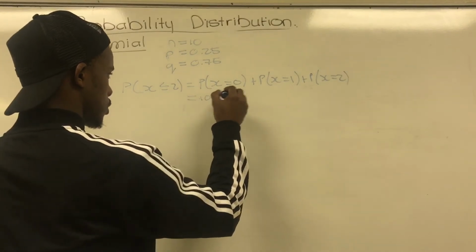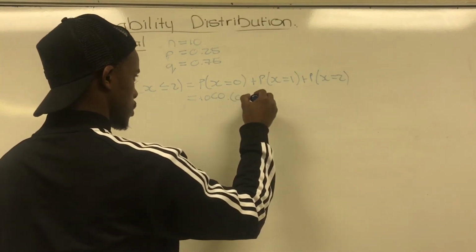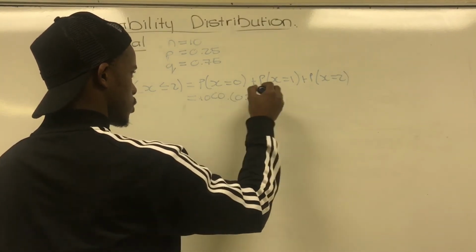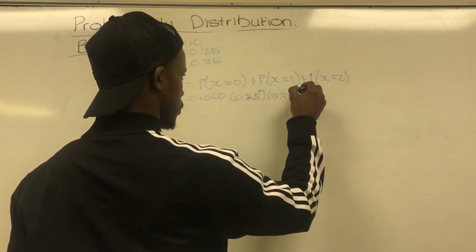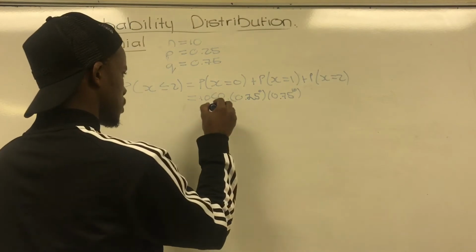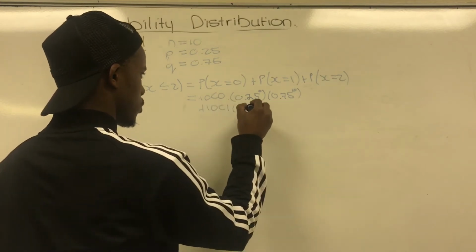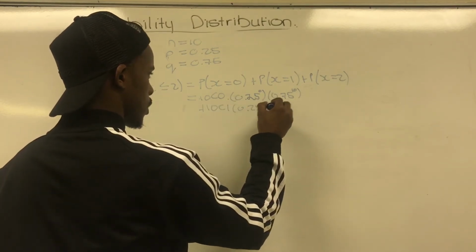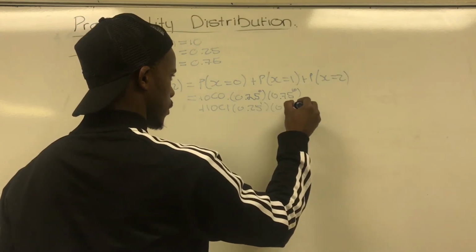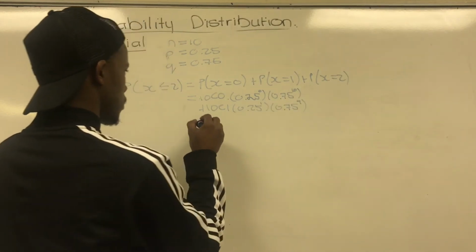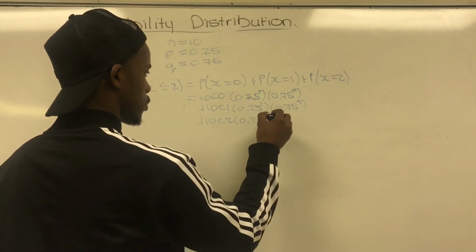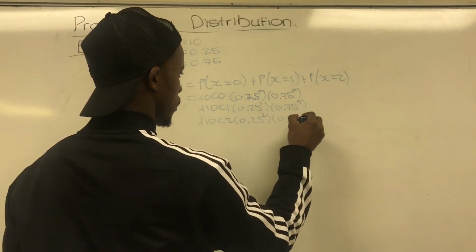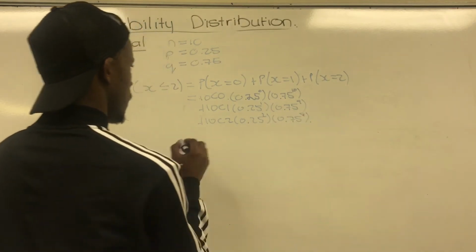So for this, 10 choose 0 times 0.25 to the 0 times 0.75 to the 10, plus 10 choose 1 times 0.25 to the 1 times 0.75 to the 9, plus 10 choose 2 times 0.25 to the 2 times 0.75 to the 8.